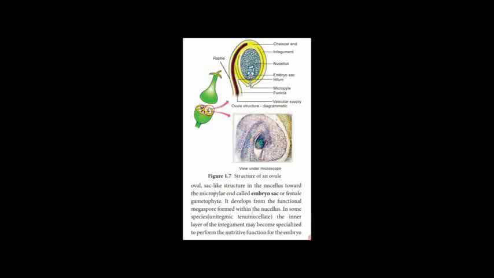In some species, the integument may vary. If it is unitegmic, tenuinucellate, the inner layer of the integument may become specialized to perform the nutritive function of the embryo.